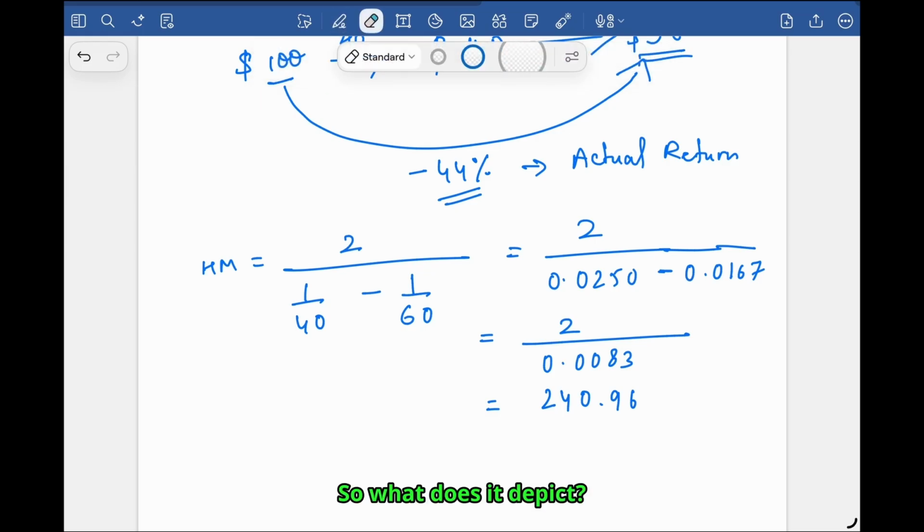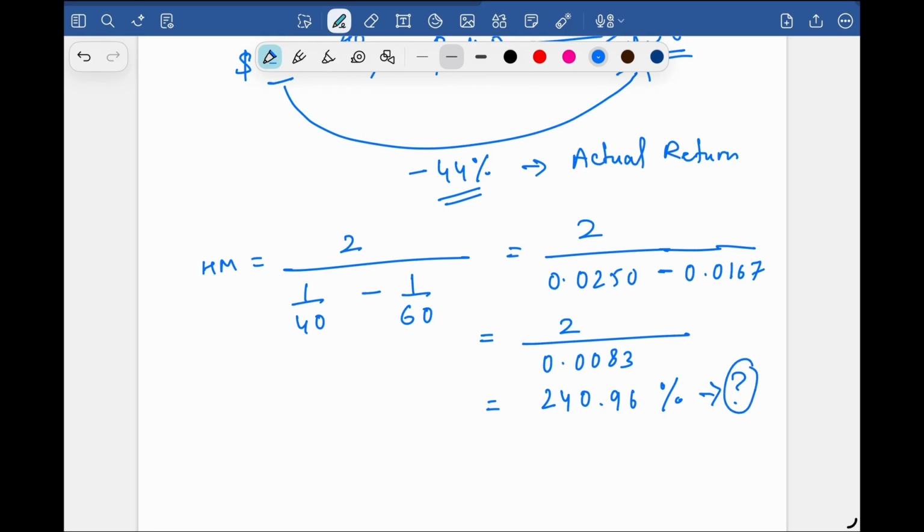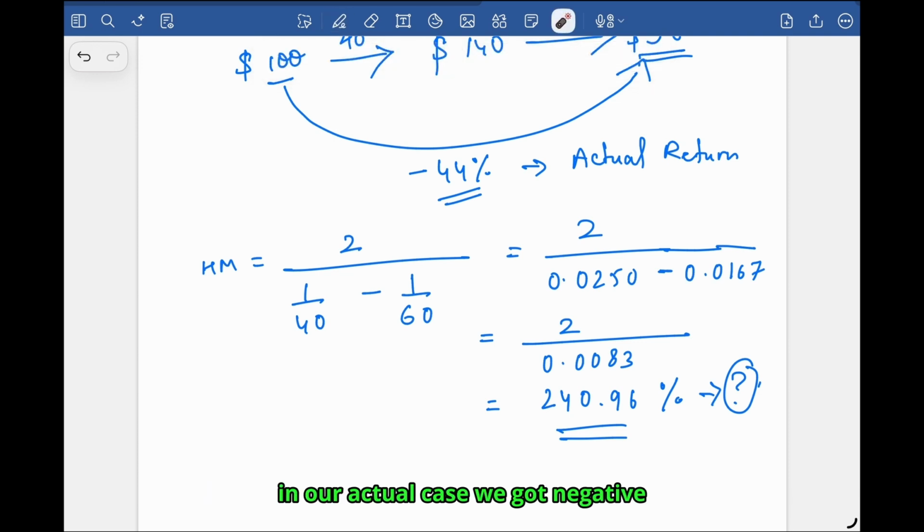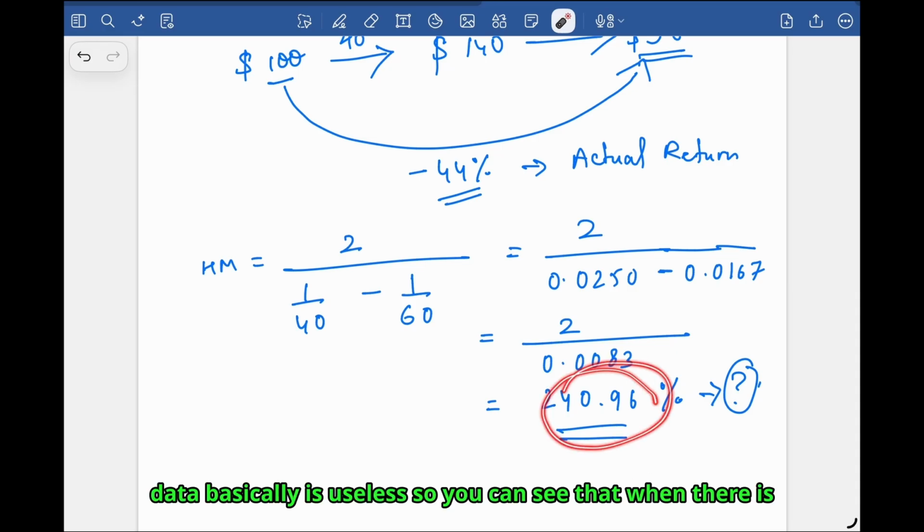So what does it depict? This value that you are getting is unrealistic, wherein in our actual case we got a negative 44% return, and this is depicting a positive return of this high value. So this data basically is useless.